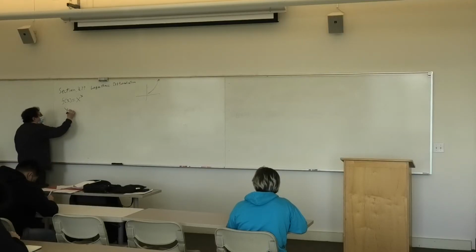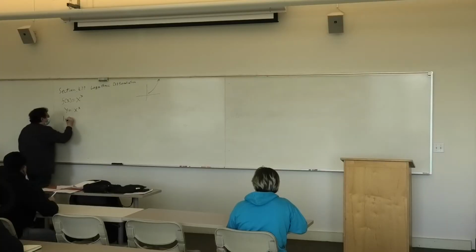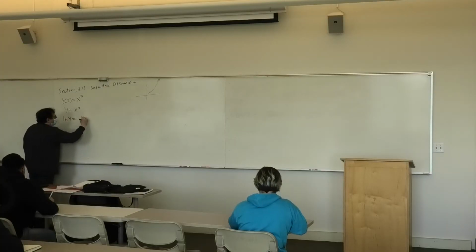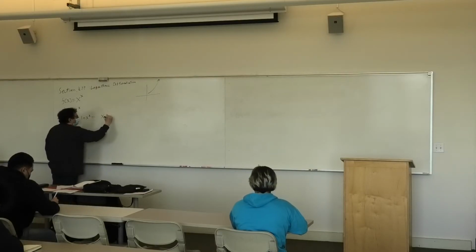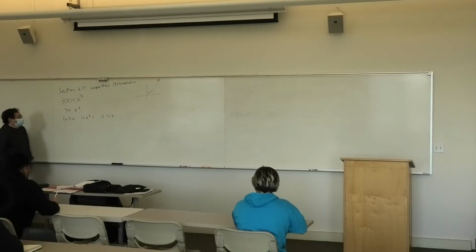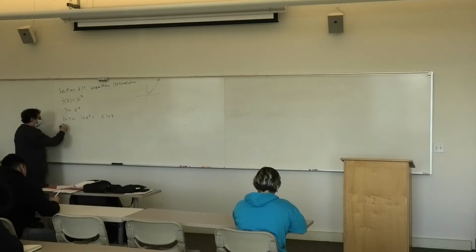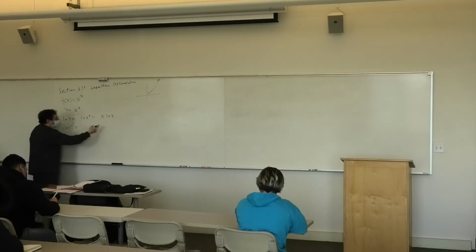So we write this as y equals x to the x. And before we attempt to find the derivative, we take the log of both sides, which allows us to simplify this into x log of x. Now when we want to find the derivative, we're in better shape.